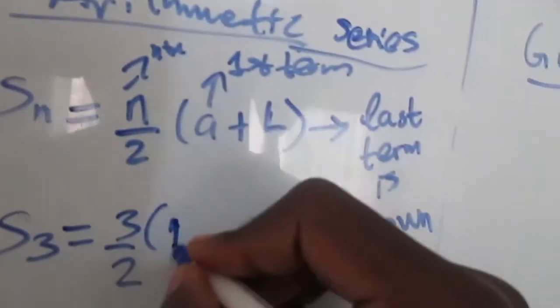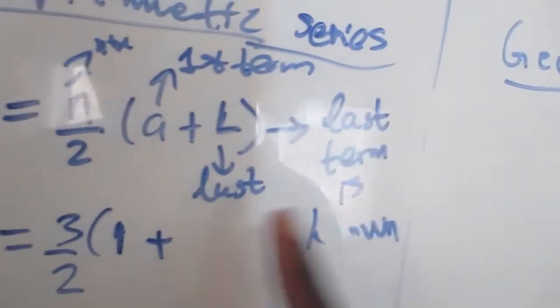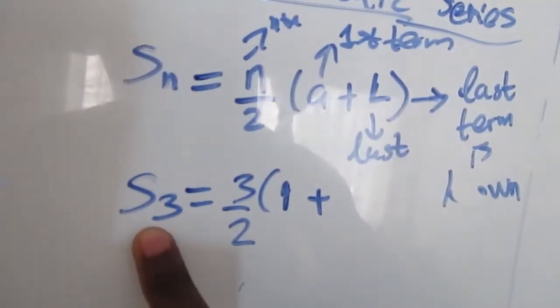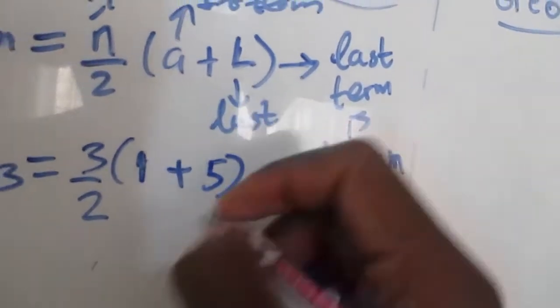Here you substitute your last term. We know that the third term is 5, so just substitute 5 here.